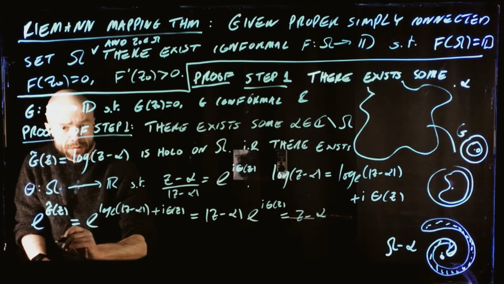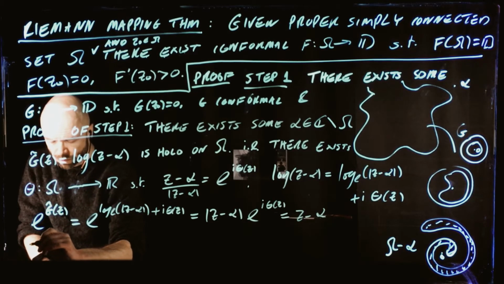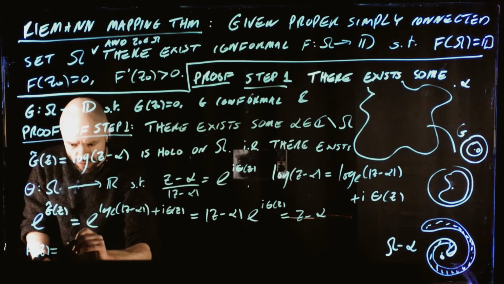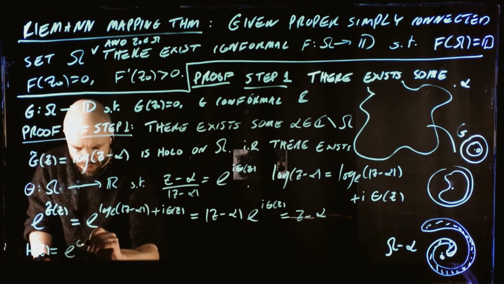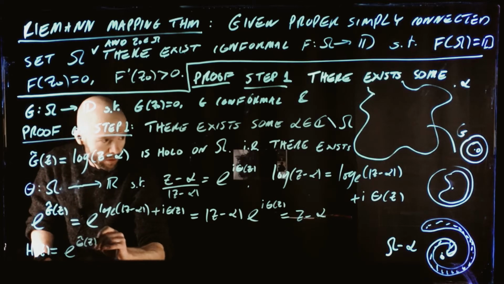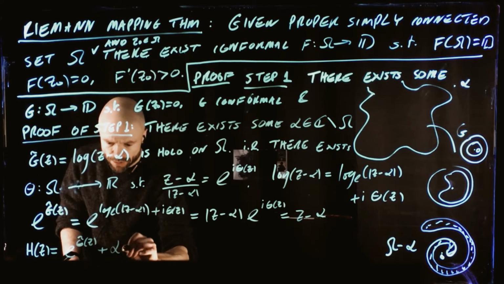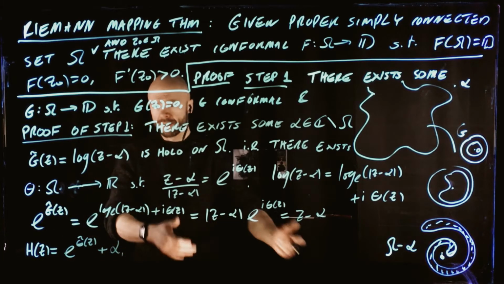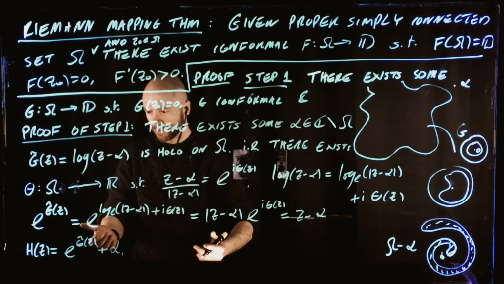So if we define, do I want to define it? Yeah, I do. Let's define h of z to be equal to e of g tilde of z plus alpha. Then we have that this guy is exactly going to invert our function, right?